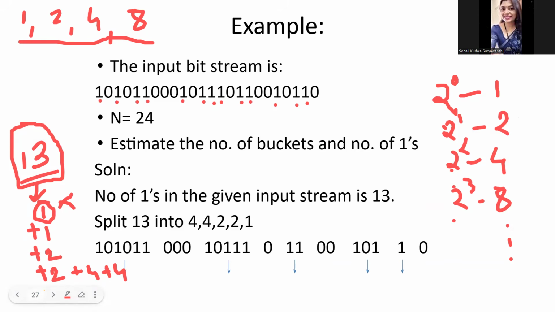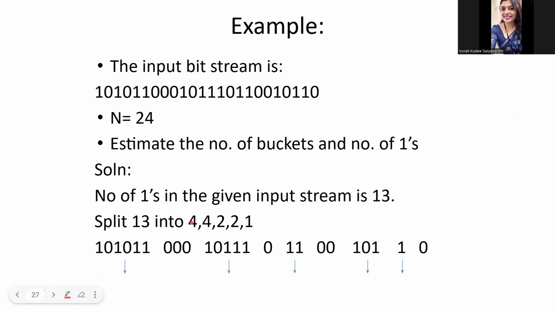So I'm getting exactly 13 bits. You have to do some reverse engineering while solving this problem. Again, for 13 bits, you need to find the combination of values. So I'm getting 1, then 2 times 2 and 2 times 4, because if you add up these values, you will get 13 as an answer.